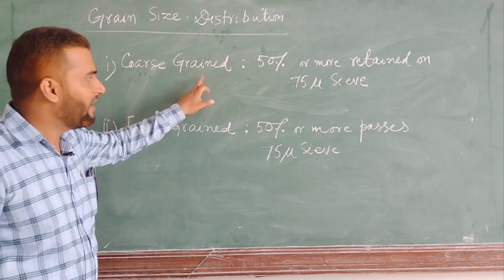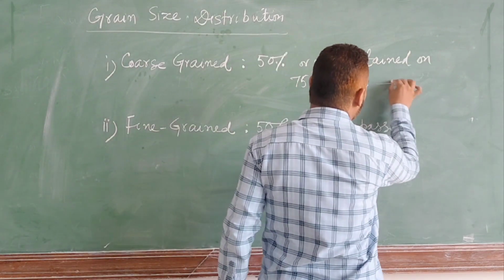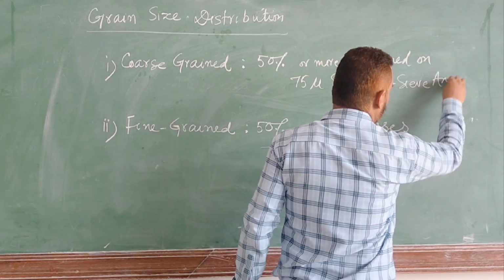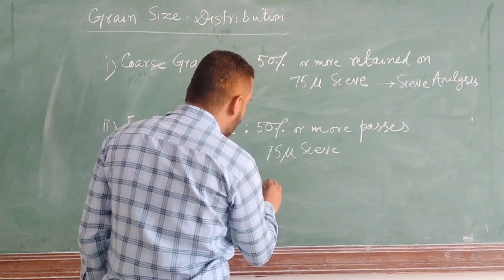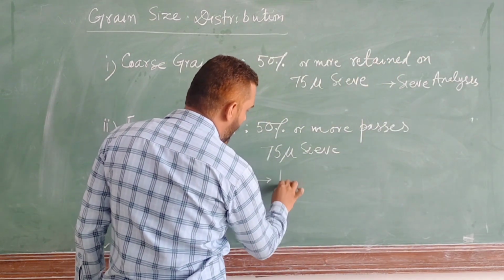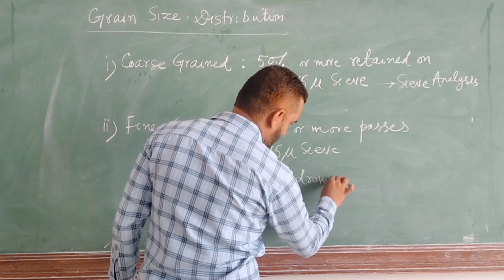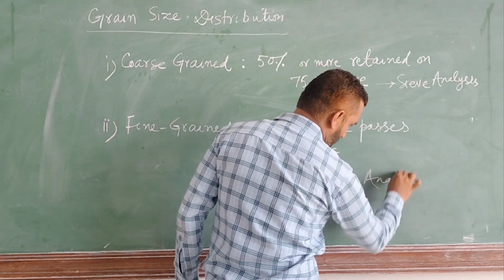For grain size distribution of coarse grain soil, we use sieve analysis, whereas fine grain soils are analyzed by the hydrometer or pipette method.